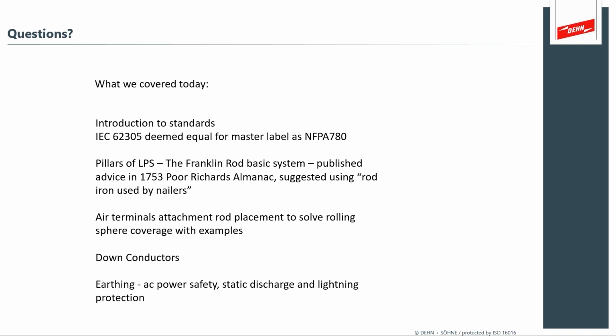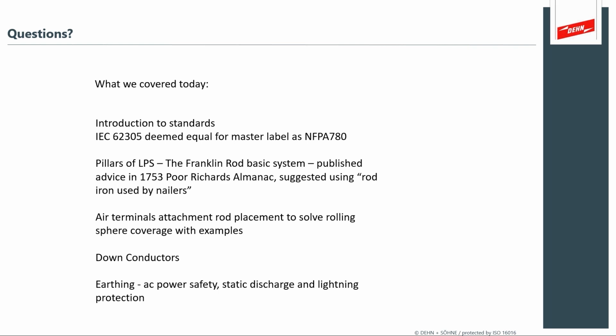Yeah. So Muhammad, we would follow one of the methods that are in the IEC, like the rolling sphere or the protective angle method. In using one of these methods, we can determine the protective zone that we receive from an air termination rod, and that then allows us to determine where we need to place these rods. Saying that we just have to put them every 20 meters is a recommendation in a standard.